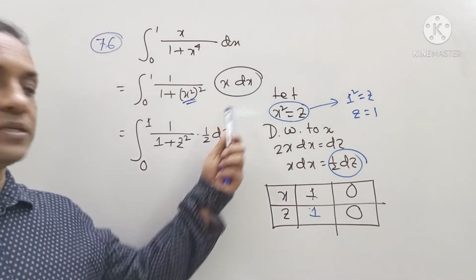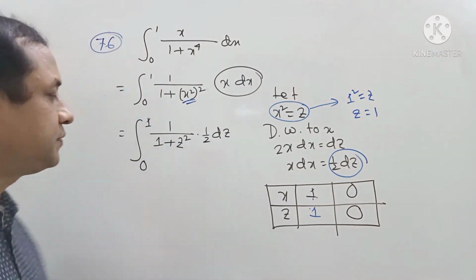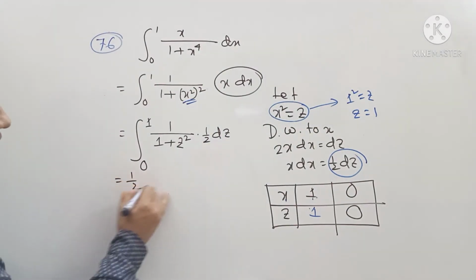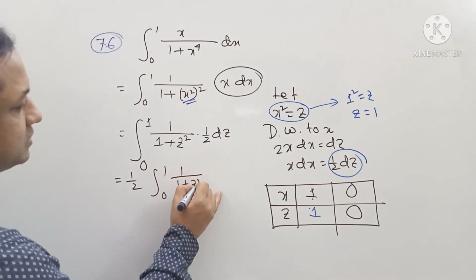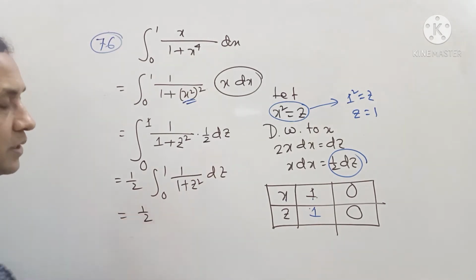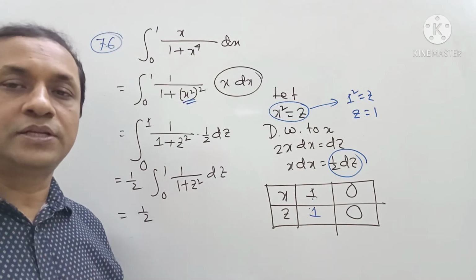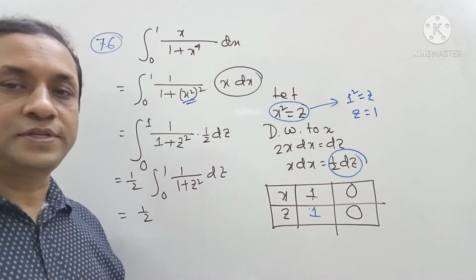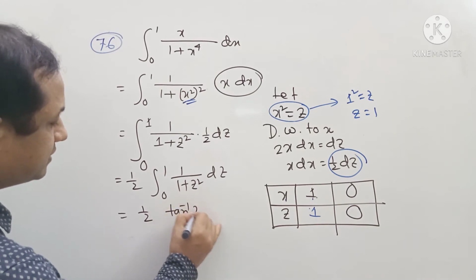Now take the half to the first position. Then we get half, integral from 0 to 1, of 1 by 1 plus z square dz. Now using the integration formula you have learned, student, integration of 1 by 1 plus z square equals tan inverse z. So we get tan inverse z.